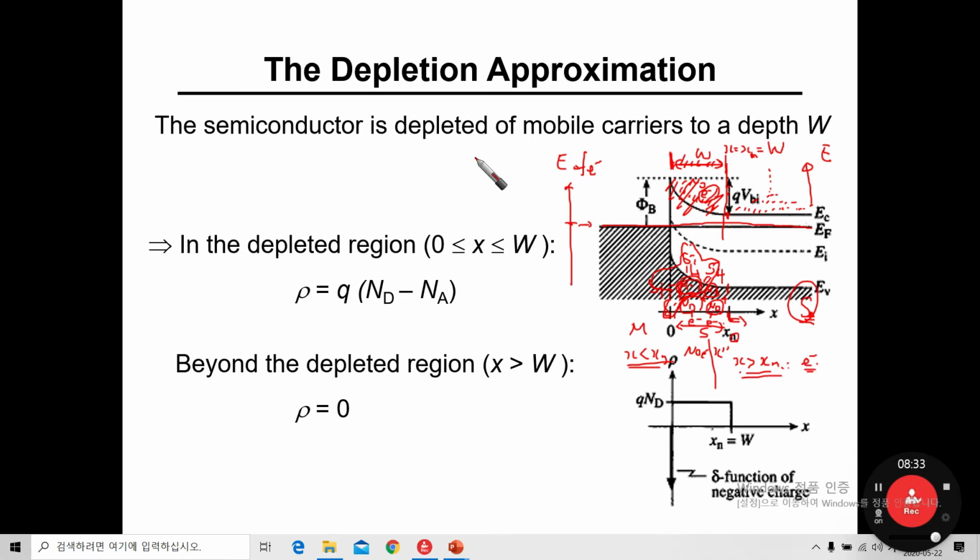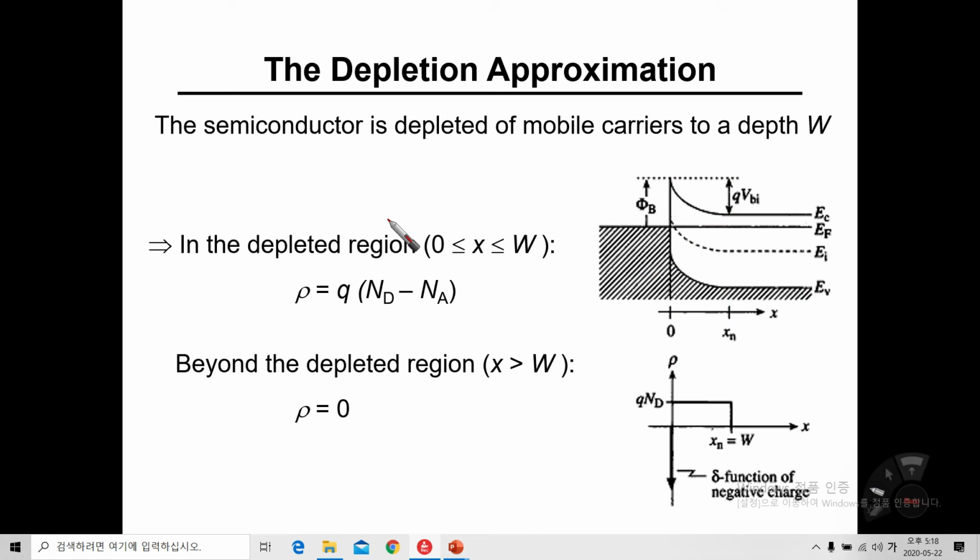All right, so now let's get into more details. In the depletion region, mathematically, if x is higher than 0 and less than W, from here to here, the author would like to derive the equation for rho.